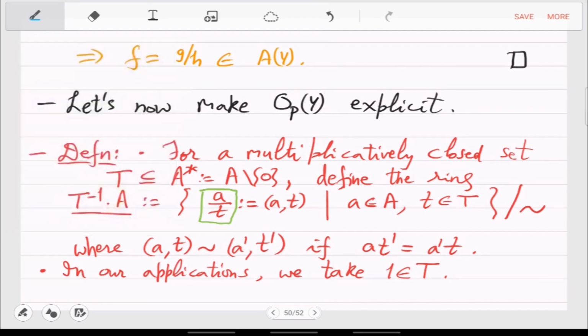So the immediate property is that T inverse A is a ring extension of A. And this is a kind of unique, or minimal, ring extension where all the inverses which you wanted are present. You wanted to append 1 over t for every small t element, so all of them are present here. So this is the smallest ring extension that we have built.